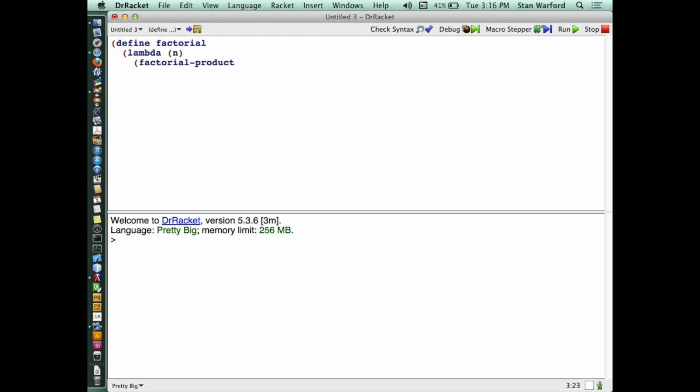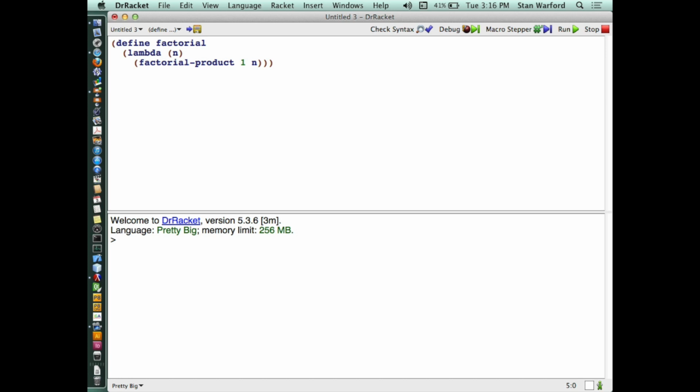But now, here's my question. Factorial product has how many parameters? It has 2. And they are what? Remember it was on the slide, we called them A and B. But what did we say we were going to call it with? A value of 1 for A, and what for B? N.